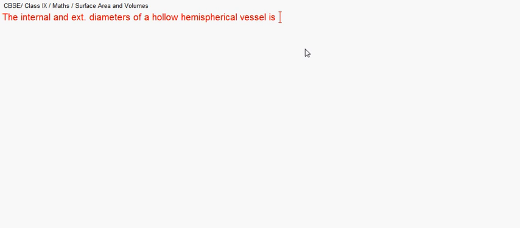Let me write down the question again here. Says the internal and external diameters of a hollow hemispherical vessel are 24 centimeter and 25 centimeter respectively.